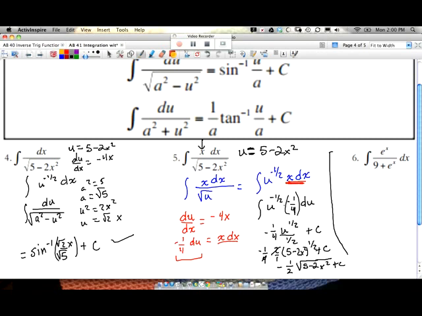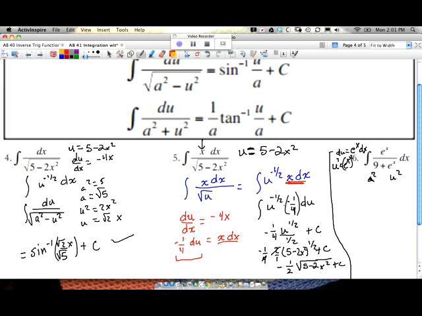Okay, so what's going on with this next one? And here's something that a lot of people say: well, no, it's a tangent trig inverse. Well, if it were tangent, this would be a squared plus u squared. The problem is that if du was e to the x dx, then u would be e to the x, so u squared would be e to the 2x, or e to the x squared.